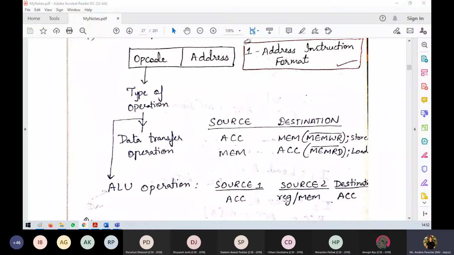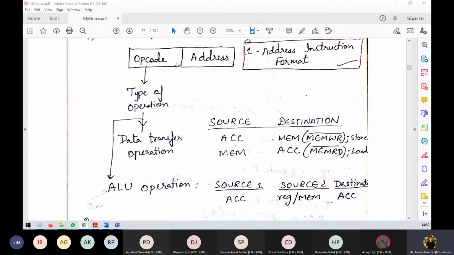Either of a register or of memory. That means why do we have the opcode? The opcode will tell you which kind of operation needs to be done. Suppose we write move or we write add, whatever operation we write here, it means this operation needs to be done.